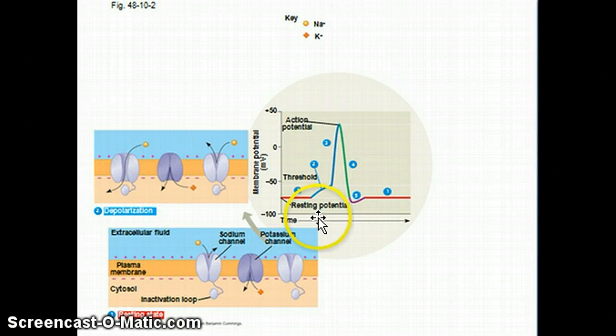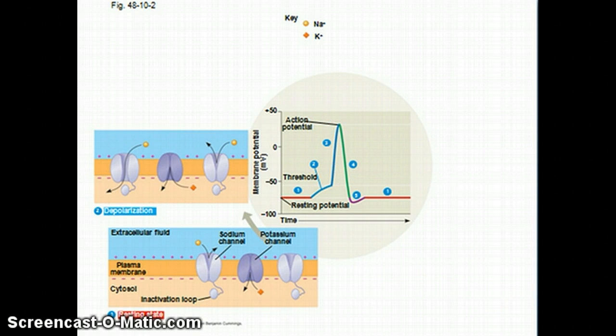We still haven't started the action potential; we're just now getting over this threshold. It's not until we get up to negative 50 millivolts that we have enough sodium within the cell to start the actual action potential.